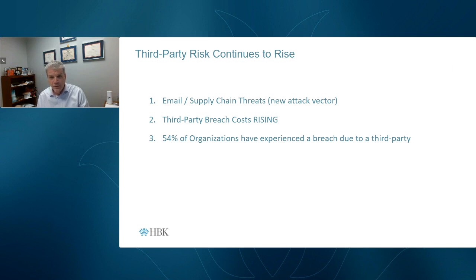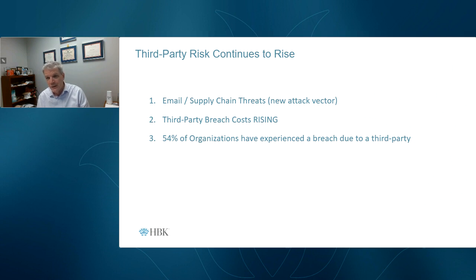And overall breach costs are rising. Third-party breaches are, from the best I can determine, about a 25% increase, which is in line with overall breaches, which are now getting closer to $5 million for a breach. Obviously, when you factor in these huge organizations that get hit with 100 million, that's going to make the number go up.